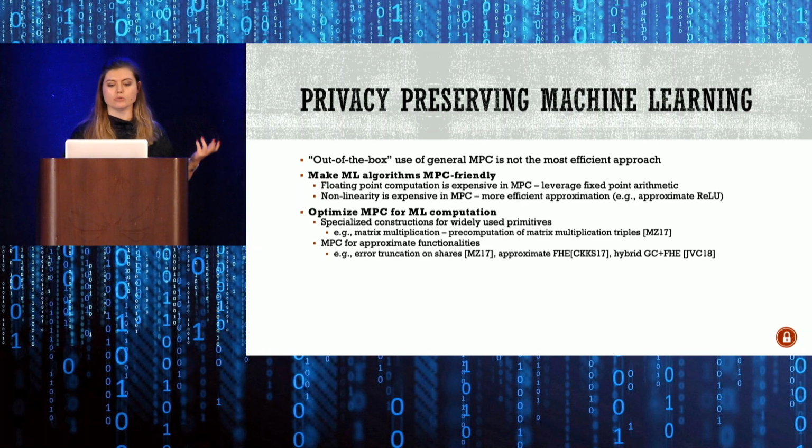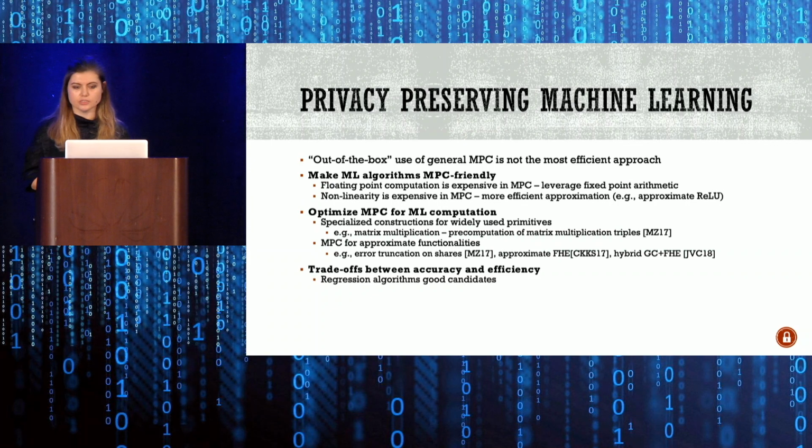And we have some examples, for example, approximate FHE constructions. Also, machine learning is the place where we can really trade off between accuracy and efficiency, especially regression type of algorithms that have this iterative nature, where we can really choose what level of accuracy we need and what price in efficiency we want to pay.